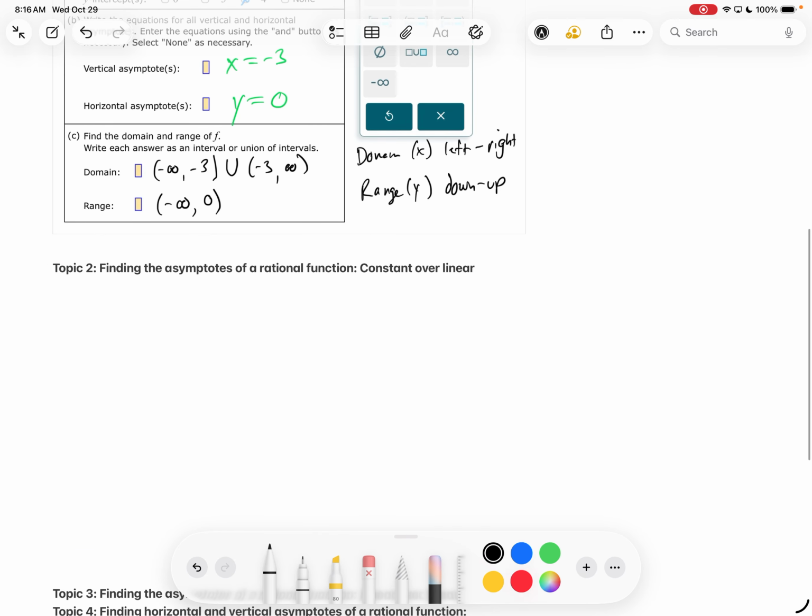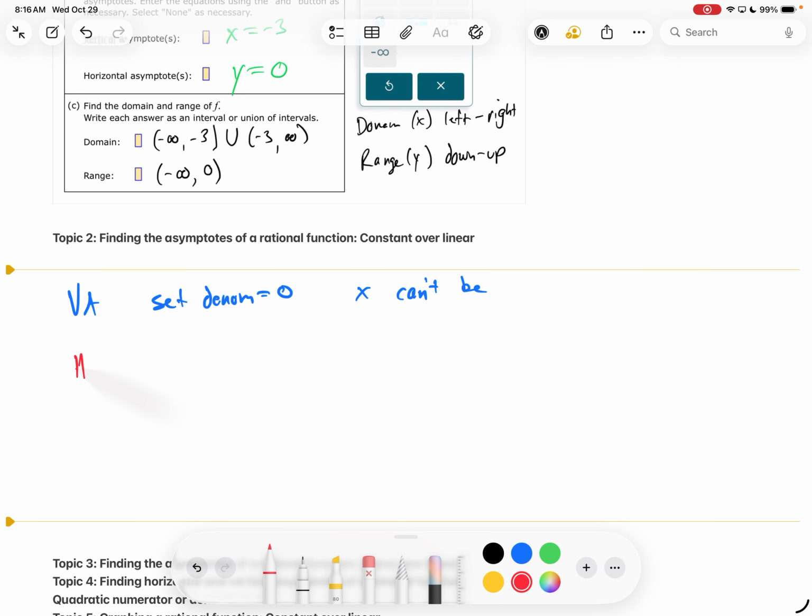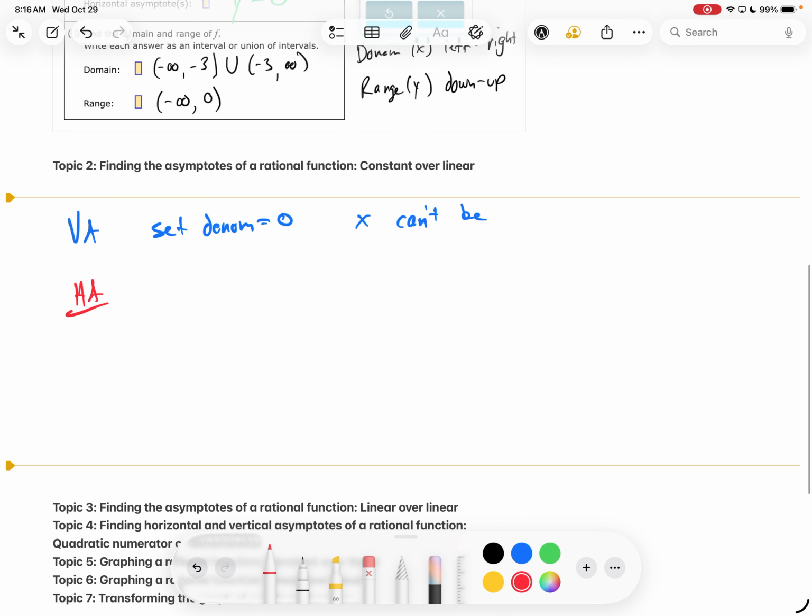So vertical asymptotes are the easier ones because we've done this all along. Vertical asymptotes, you set the denominator equal to 0. It's the number that x can't be because you can't divide by 0. The horizontal asymptotes are trickier. For the horizontal asymptotes, you look at the degree of the numerator and the denominator.